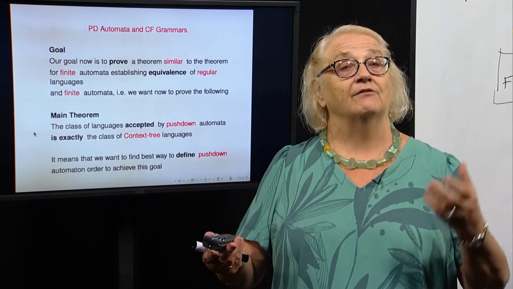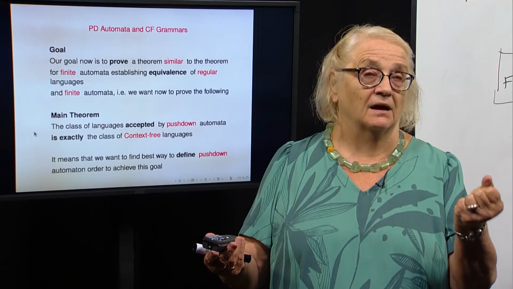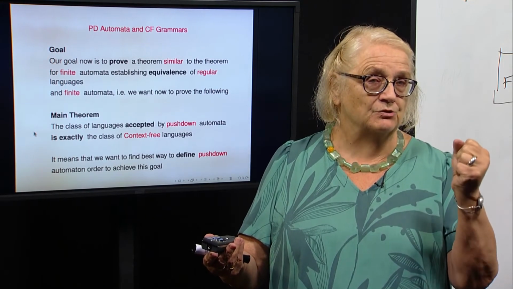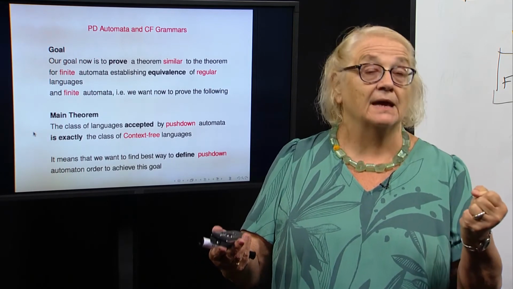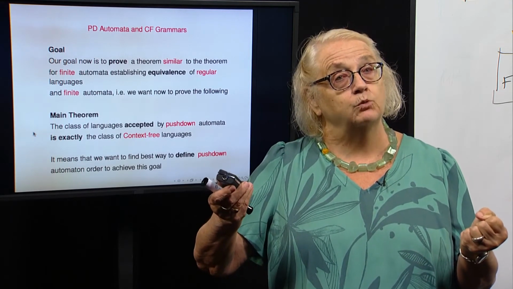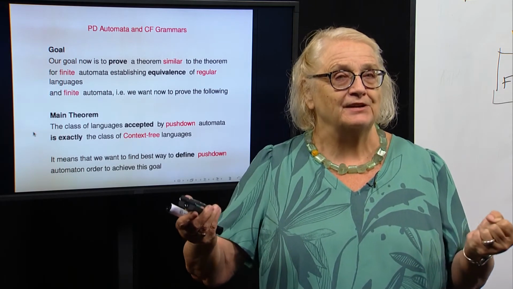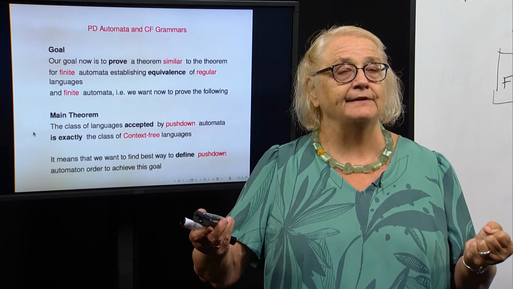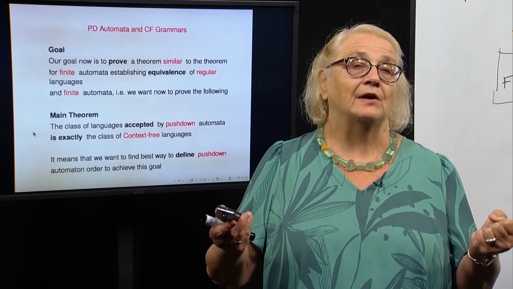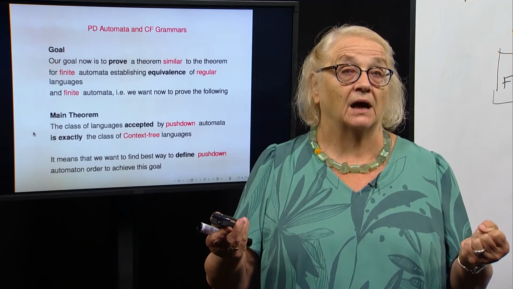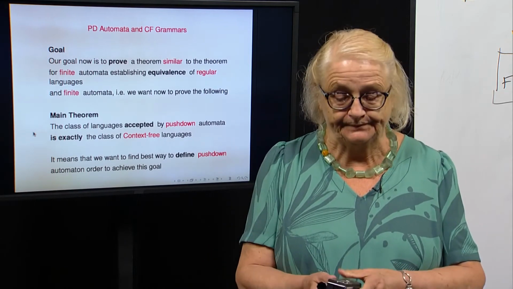And here we have context-free languages, which are languages generated by context-free grammars. And now we are going to define pushdown automata, which is an extension of finite automata, which would do the same for context-free languages as the finite automata did for regular languages.